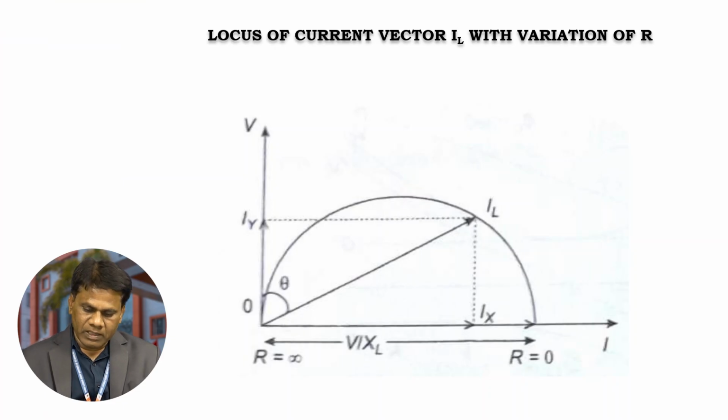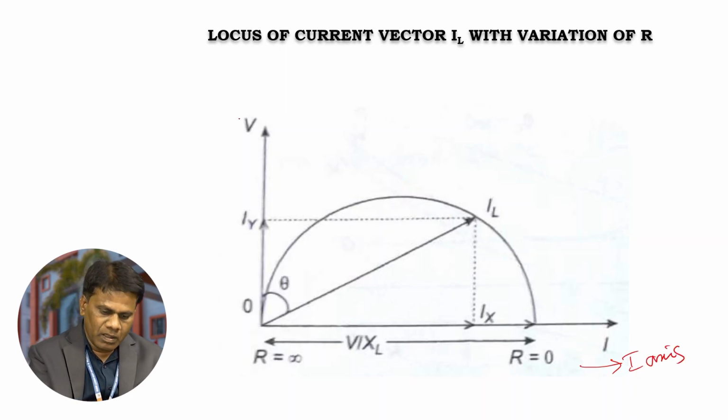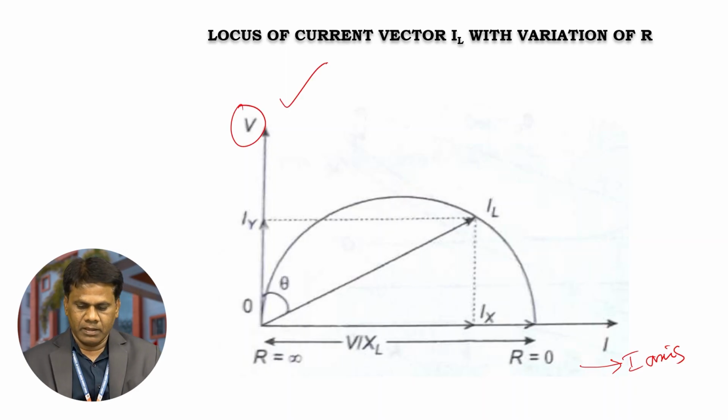Here, this is the current axis, and this is the applied voltage axis. When R is equal to 0, the current is maximum, and the maximum value of current is the applied voltage divided by the inductive reactance.